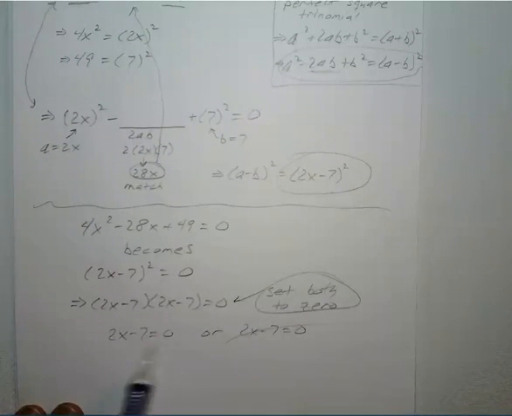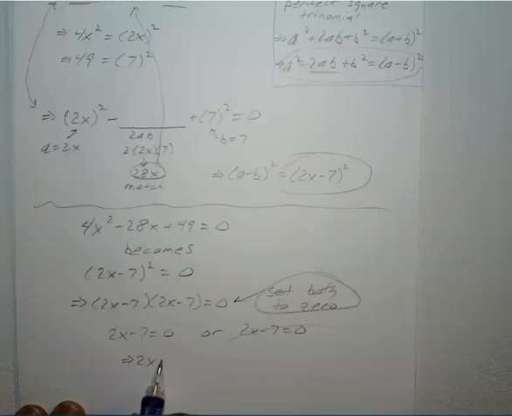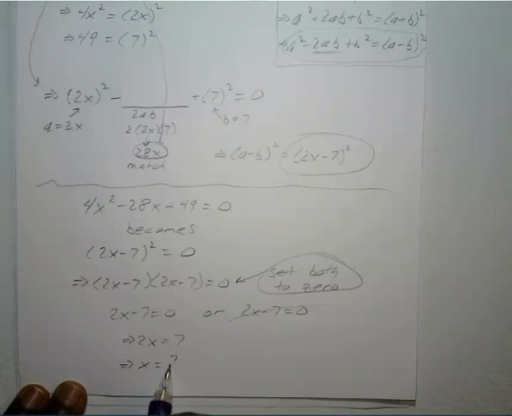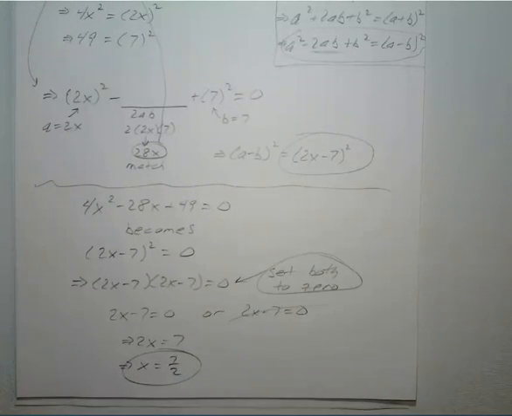Okay, so here if we add 7 to both sides, we have 2x equals 7. And if we divide both sides by 2, we will have x equals 7 over 2. Okay, which is the only solution for that quadratic equation.